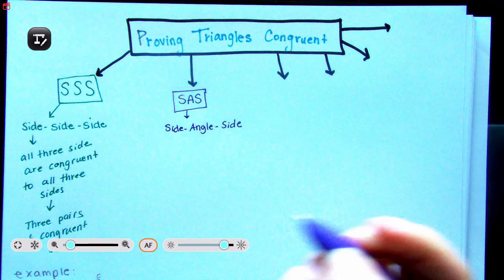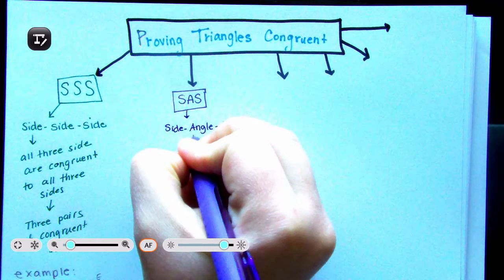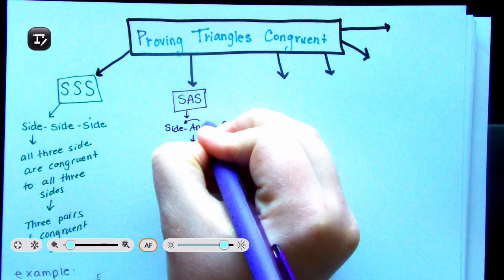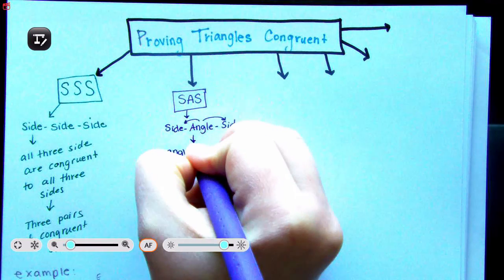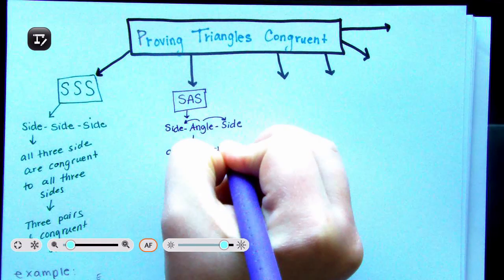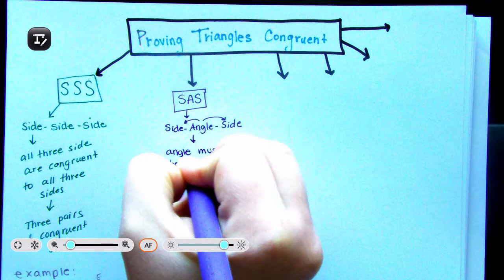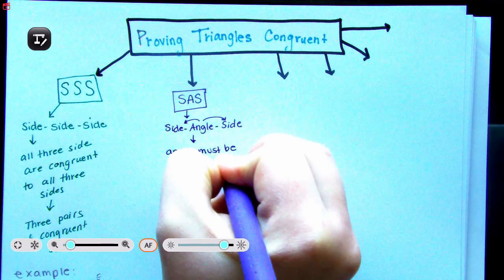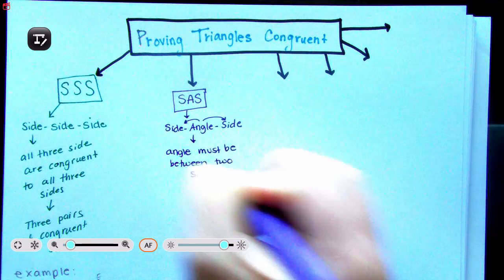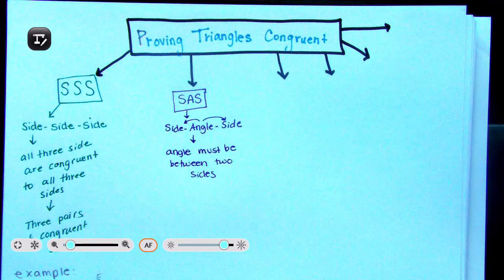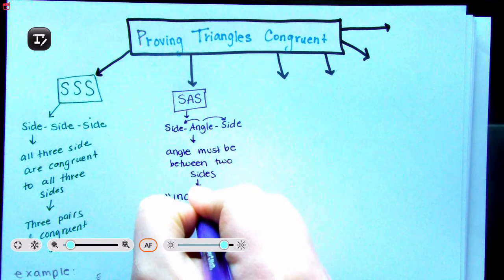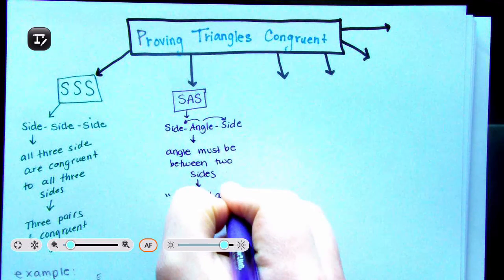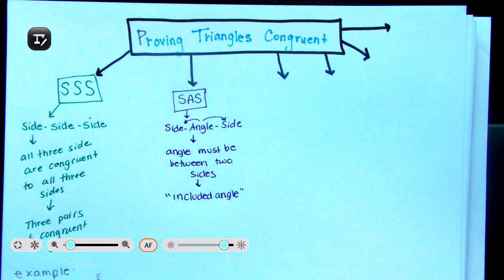Now, this is very specific: the angle has to be between two sides. We call this an included angle. It's included. It's not left out. It's in the middle.